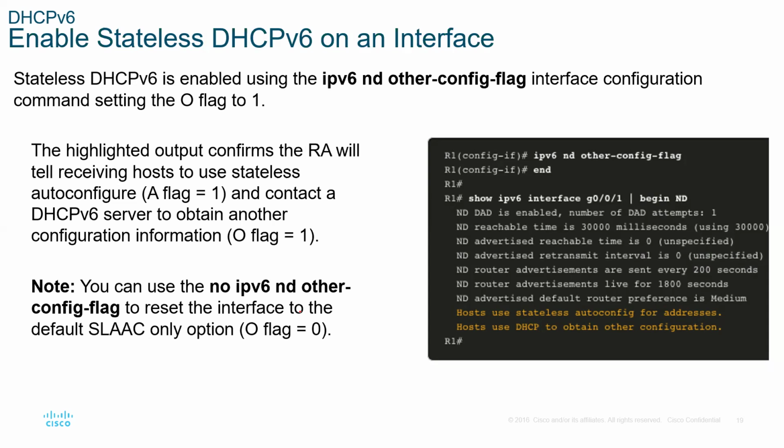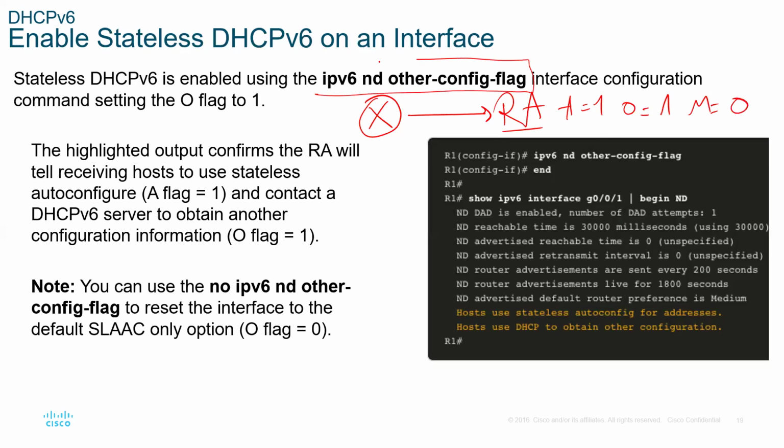If you have a router and you want its RA message to contain the stateless settings, A equals 1, O equals 1, and M equals 0, you will need to configure this.